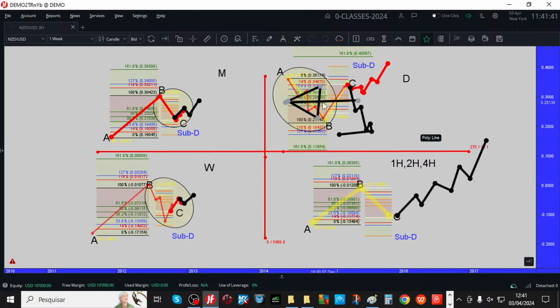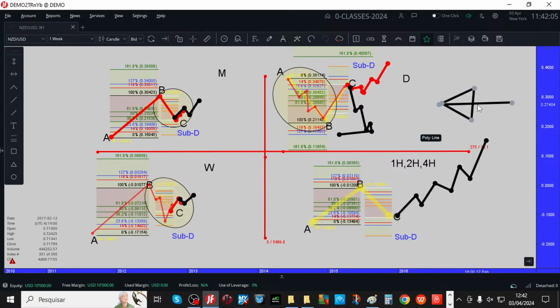Alright? You must understand alignments, and you must understand that the monthly is the strongest, the next one is the weekly, the next one is the daily, and the least important is the 1 hour, 2 hour, 4 hour chart, when it comes to alignments, when it comes to direction.